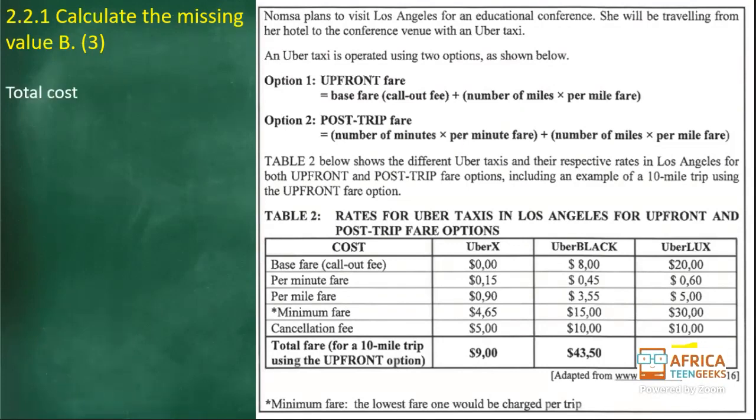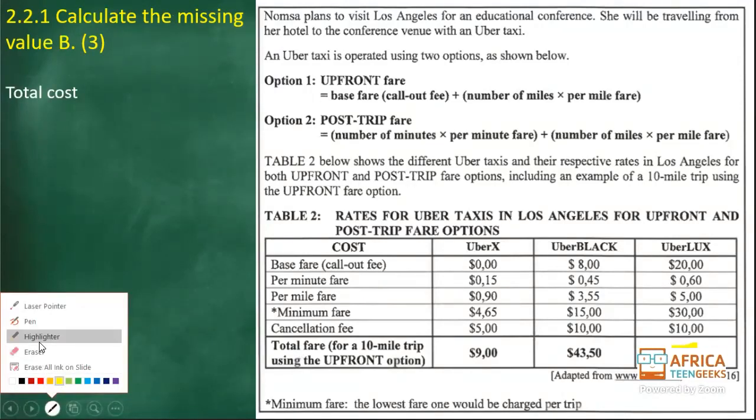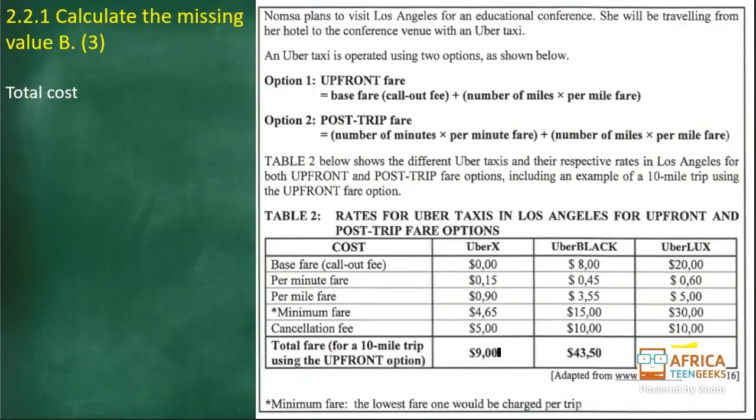So we've got total cost here. You can see here, let me highlight it. All the values in the last row are the total fare for a 10-mile trip using the upfront option. When you use an Uber X, you will pay $9. When you use an Uber Black, you will pay $43.50.